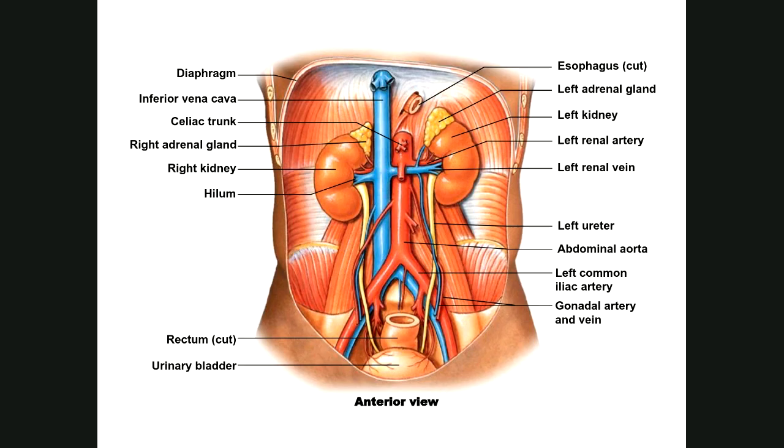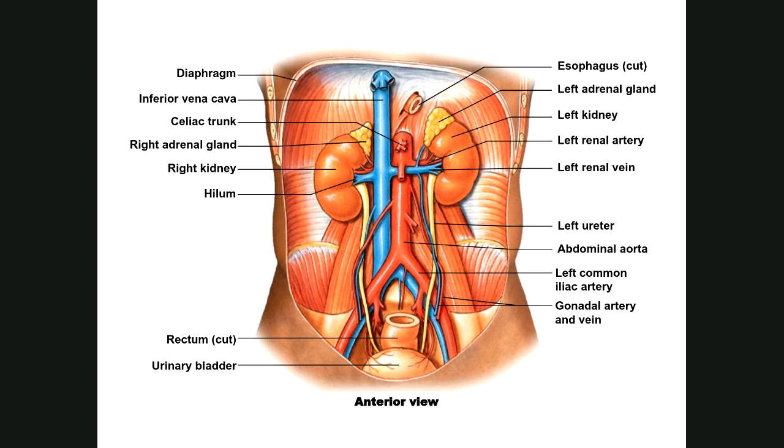So we have a left and right kidney, and as you can see, the left kidney is seated superior to the right kidney, right? And each kidney has a supply from the renal artery and vein.